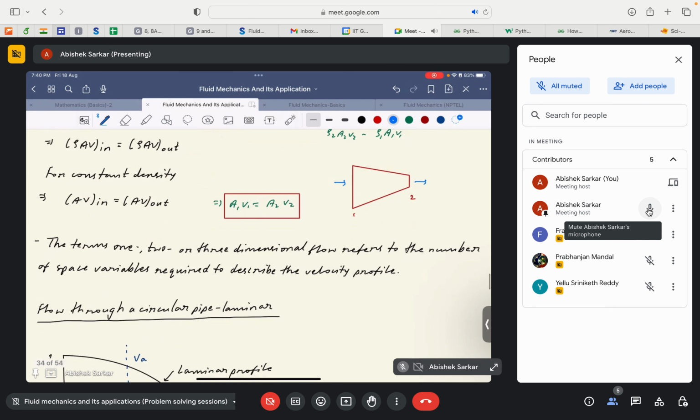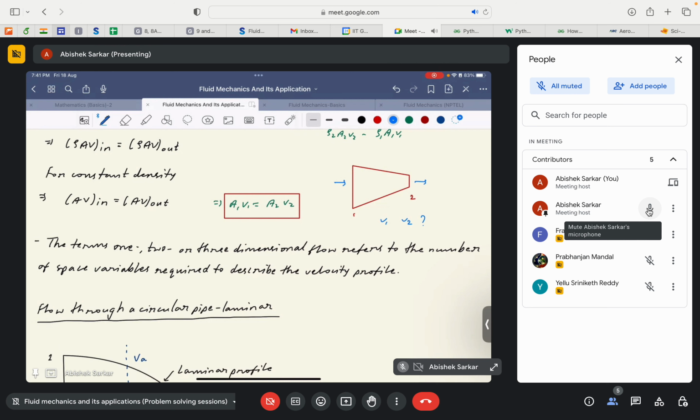Considering the continuity equation given by this, for steady flow and constant density, can anyone of you please tell me how the velocity would behave? What is the relationship between V1 and V2? Which would be greater, smaller? V1 would be smaller and V2 would be greater.